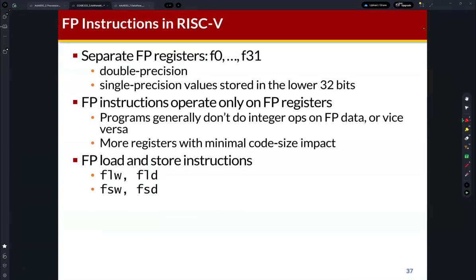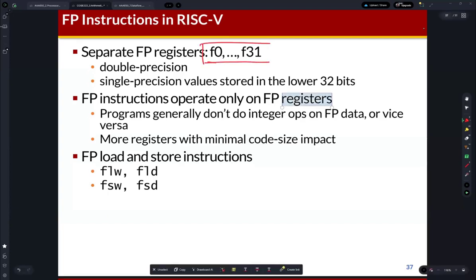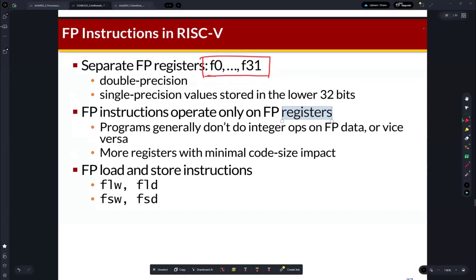In order to support floating point numbers, RISC-V has separate floating point registers. They are called F0 to F31.